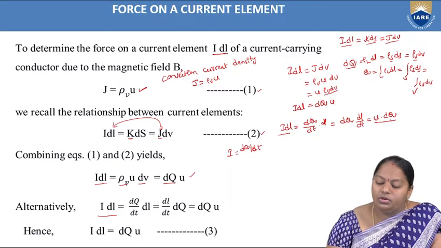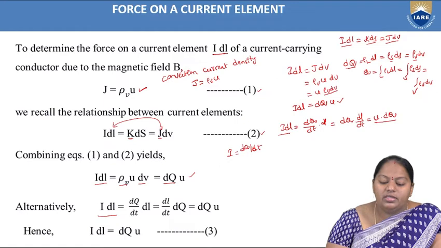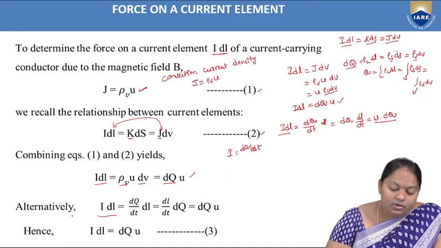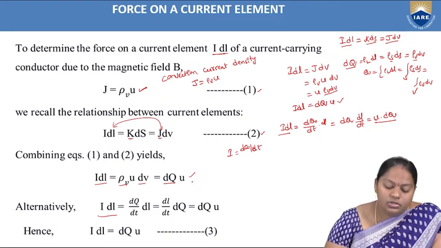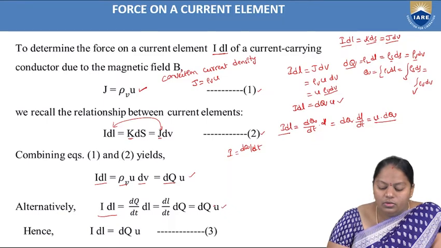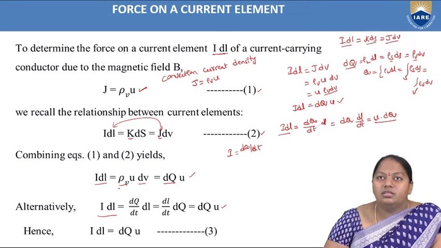So this is also the way we get the relation IDL equal to dq into u, or using the convection current density J equal to rho V into U, if we substitute, we also get IDL equal to dq into U. So either of the methods can be used. This one is from the fundamental definition of current, and this is from the convection current density.